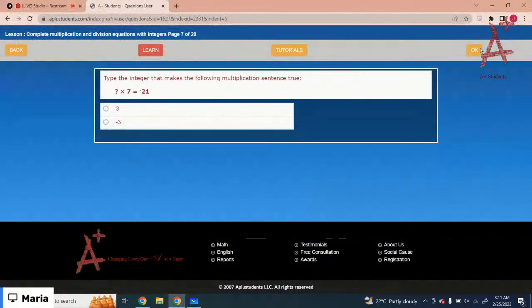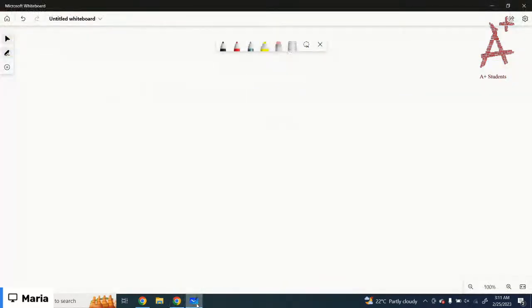Okay, the next one is missing number times 7 equals -21. So you have to look for a number: 7 times what number equals 21? 7 times 3 is 21.